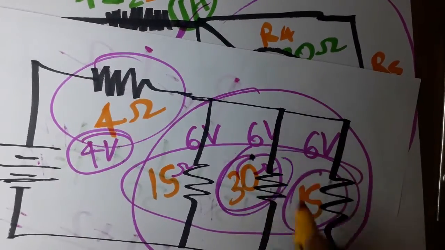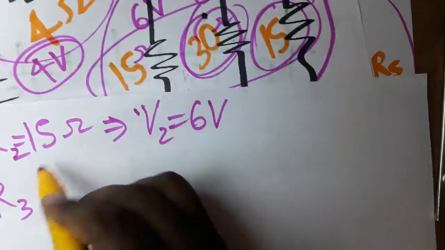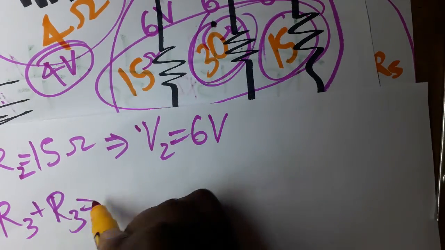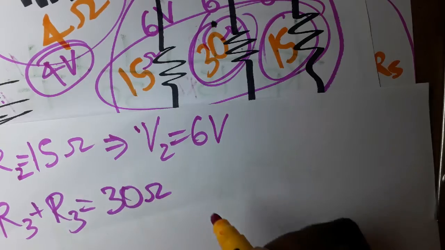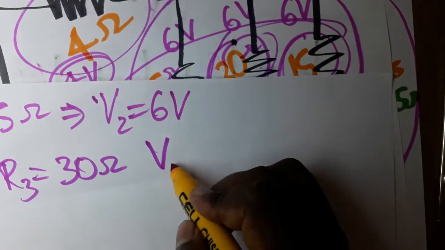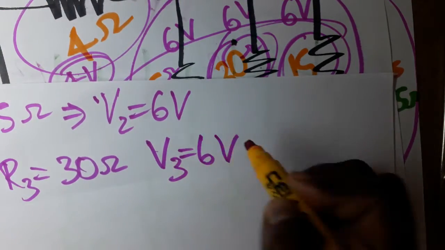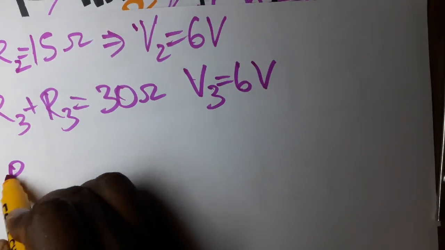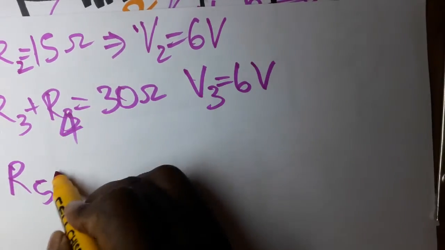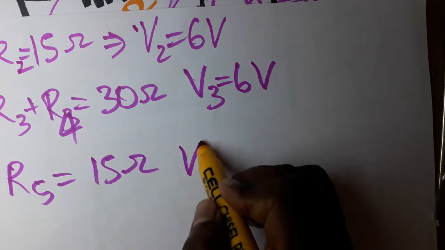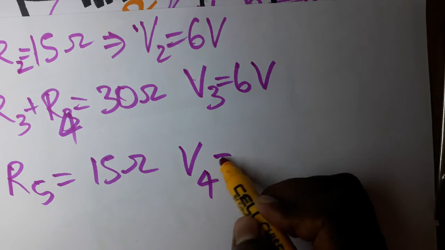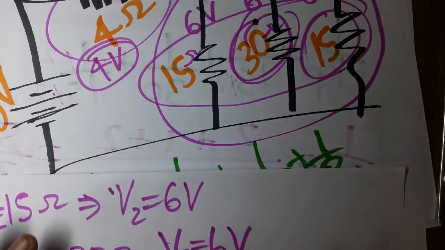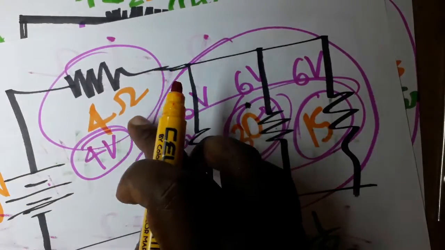We take resistance 3 plus 4 together as a 30 ohm resistor, and its voltage V3 is 6 volts. Again we have here 15 ohms, R4, R5, and the voltage V4 is 6 volts.